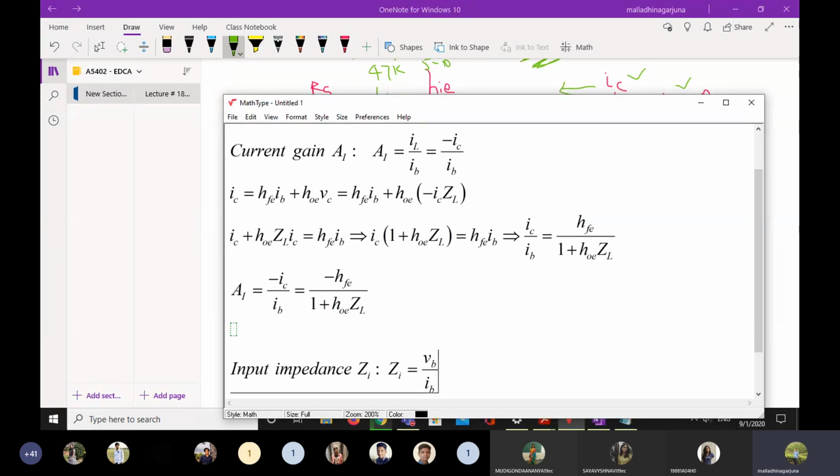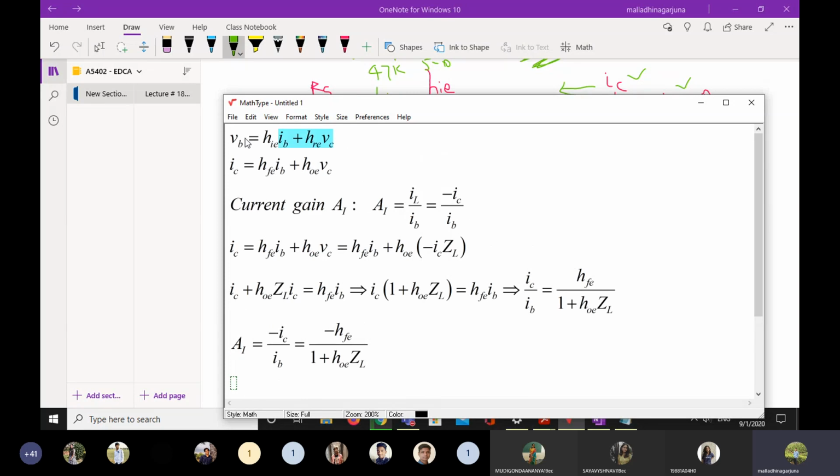So you just compare with the basic equations we have. We know the input equation: VB is equal to HIE IB plus HRE into VC.